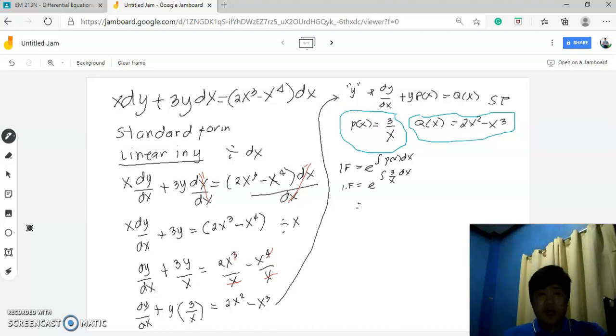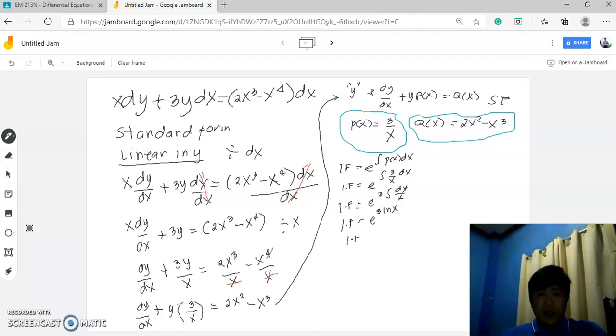So therefore, we have integrating factor e raised to the power of 3 times the integral of dx over x. And we know that the integral of dx over x is ln of x. So we have e to the 3 ln of x.